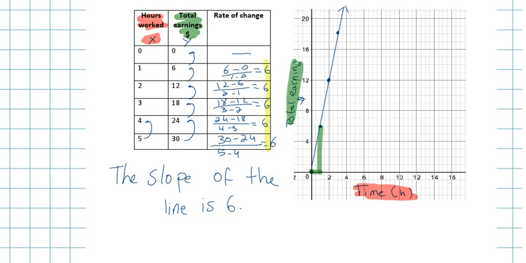Right? So this is over 1. Up 6, right? Because I'm going from 0, this is basically 6. So up 6, and my slope is 6. So slope is rise over run. Now, you're going to ask, what's the difference between rate of change and slope?